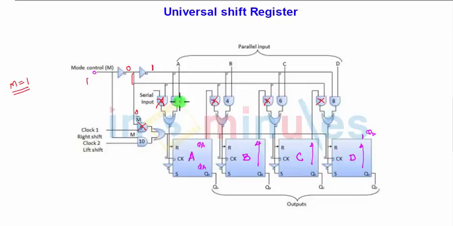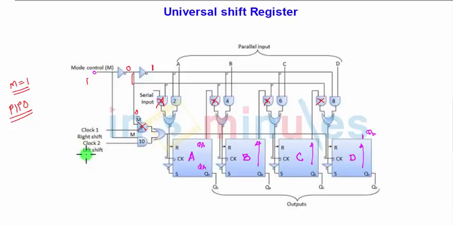AND gates 2, 4, 6, 8 will be enabled, which enables us to parallelly load the data A, B, C, D. So M is equal to 1 is nothing but the PIPO form, parallel input parallel output. For M is equal to 1, clock 2, that is the shift left clock, will be activated.